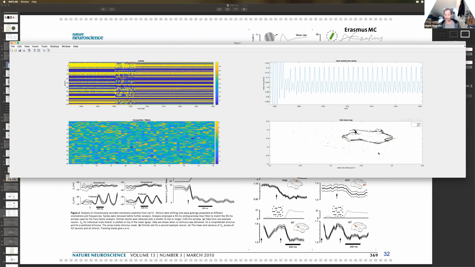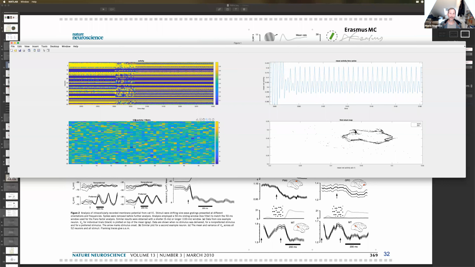The first return map, on the bottom right, is the average activity of the entire network at time t against time t plus 1. Average activity at time t against average activity at time t plus 1.